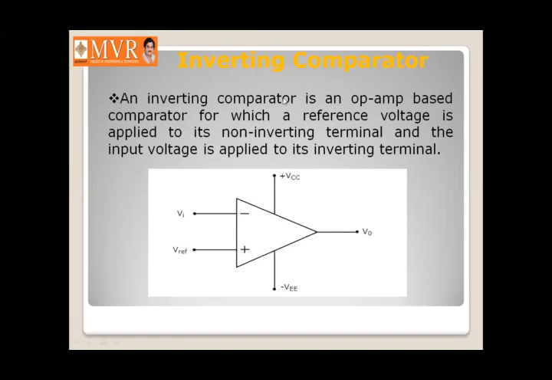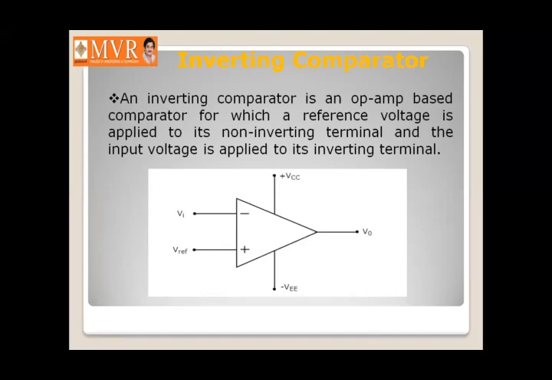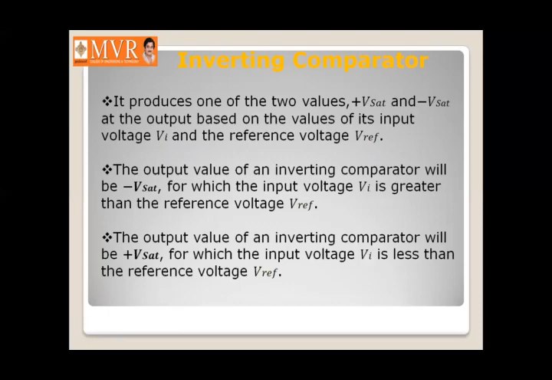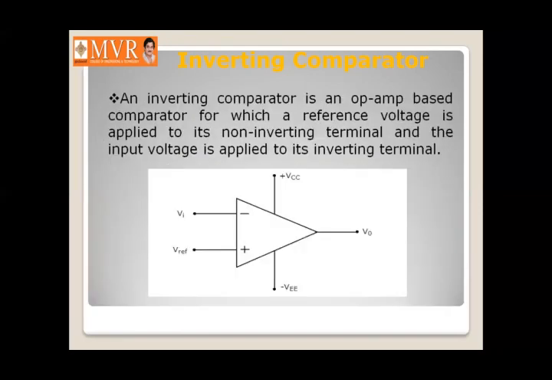First of all, we are going to discuss the inverting comparator of the operational amplifier. This is the basic inverting comparator circuit, where we are giving the input Vi to the inverting terminal, and the reference voltage is given to the non-inverting terminal.